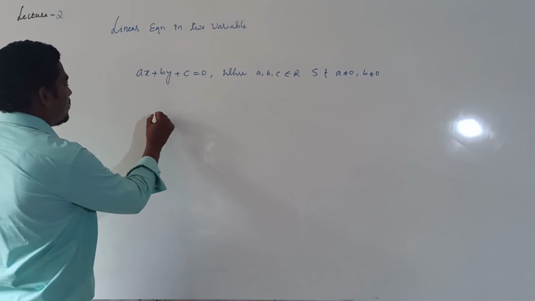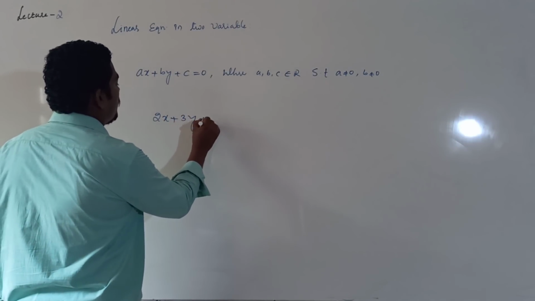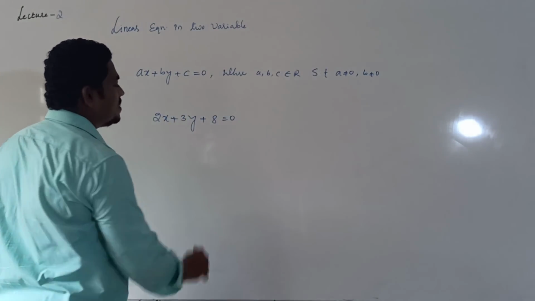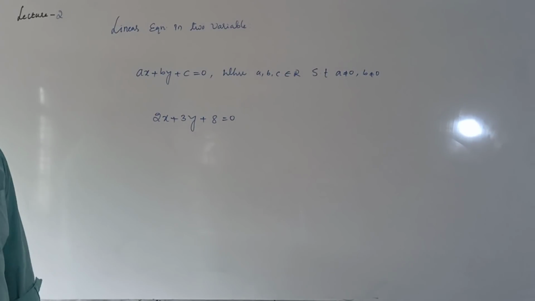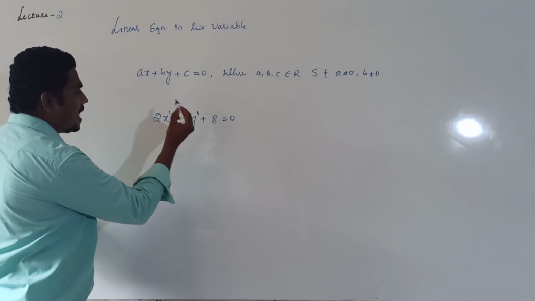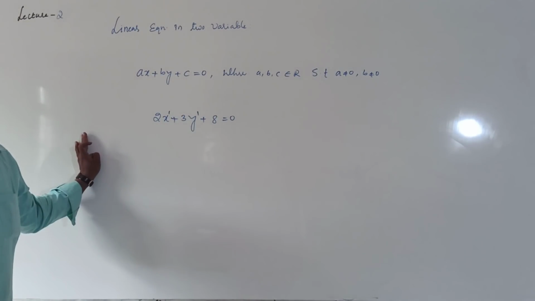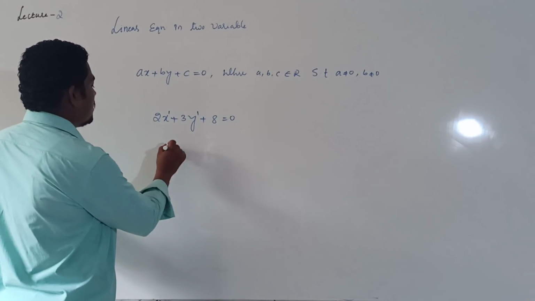For example, 2x plus 3y plus 8 equal to 0. It is linear as well as two variables. Linear, why? Because the highest power of the variable is 1.